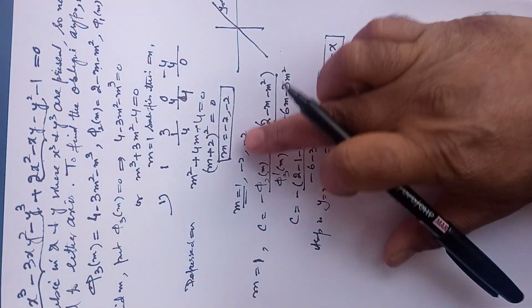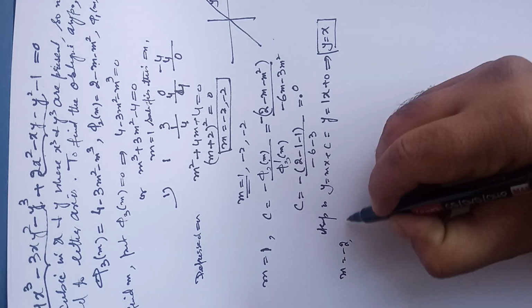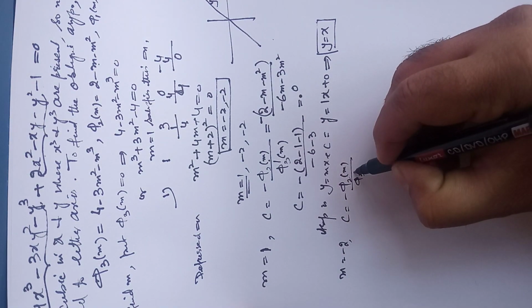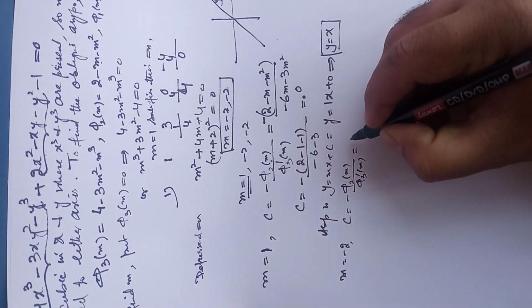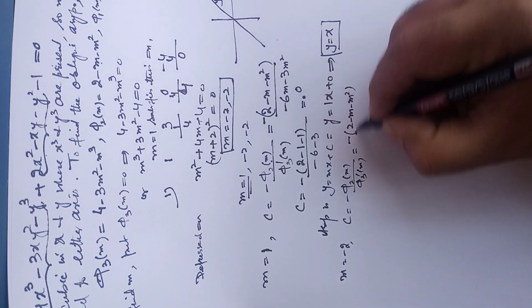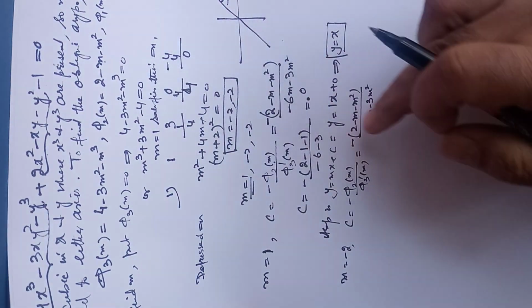Now we have m equal to minus 2 and minus 2. You can see when m is equal to minus 2, c is minus phi 2m divided by phi 3 dash m. This is minus (2 minus m square) divided by (minus 6m minus 3m square), as we have seen here.